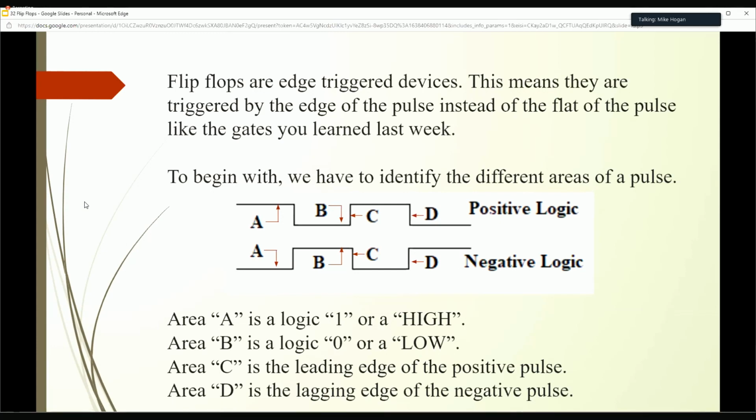So one of the things we have to look at first is this signal, and how we trigger these devices, and in terms of high and low, what is a high and what is a low. Here we've got a couple of different things being shown by this chart, this signal here.